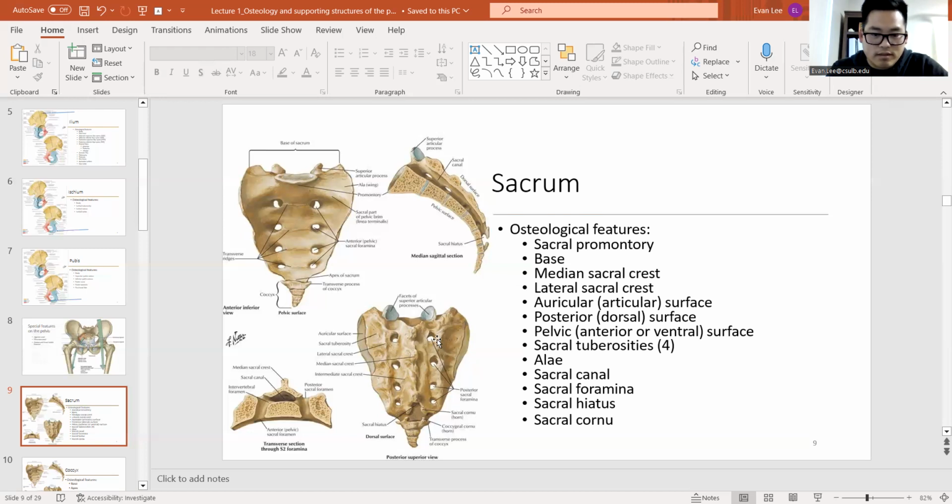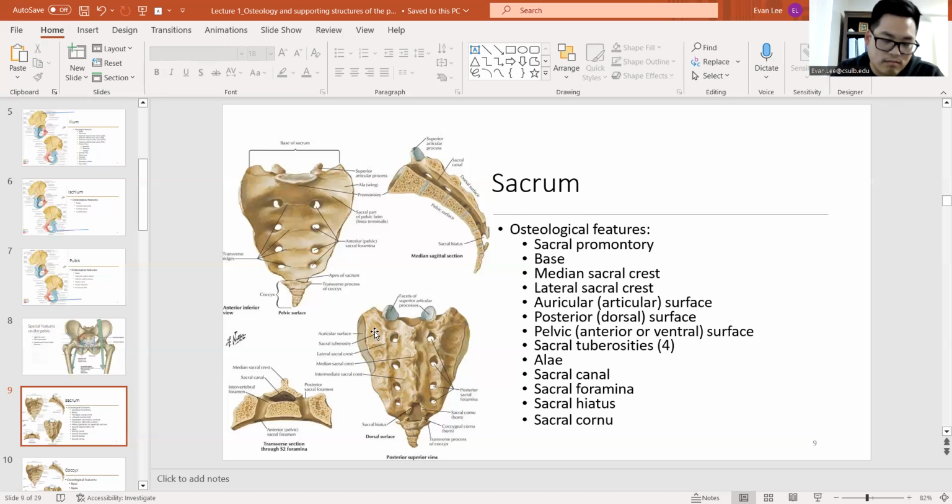And then if you look closely, there's also a few more things to look for here, which include these regions, somewhat lateral or directly lateral to the lateral sacral crest. These roughened regions are called sacral tuberosities. So sacral tuberosities, that is going to be roughened regions similar to a deltoid tuberosity. So this is where things will be able to attach.